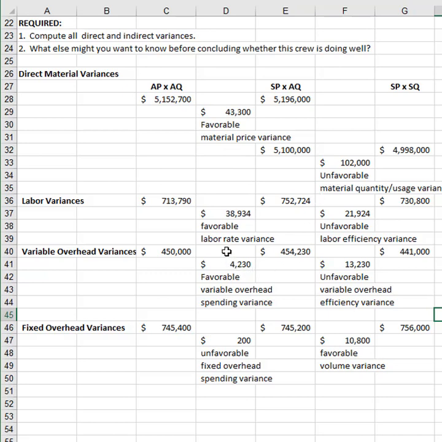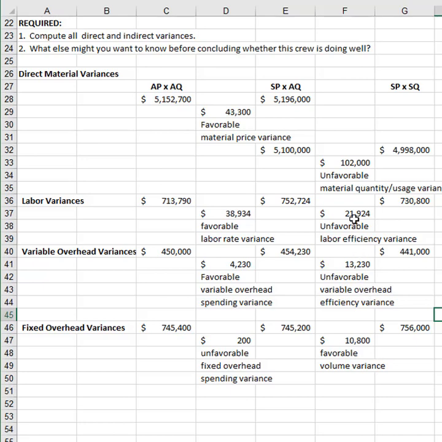So that may not have been a good trade-off. What about the labor? So they paid less for labor, and labor was a little slower. So that offset is favorable. The cheaper labor was cheap enough to have offset the fact that they took a little longer.